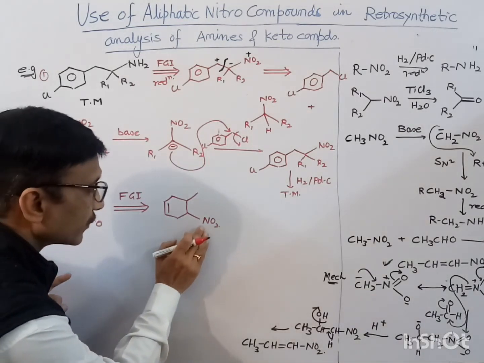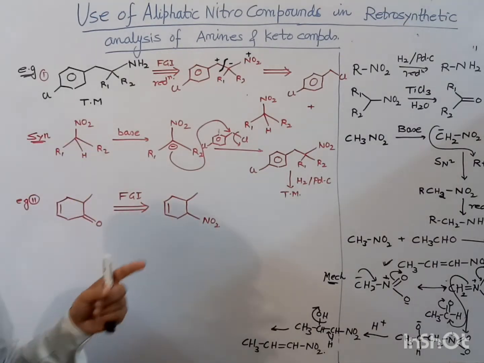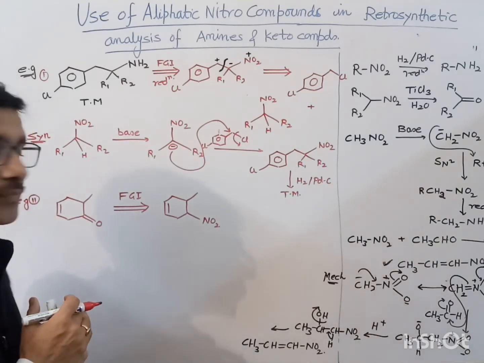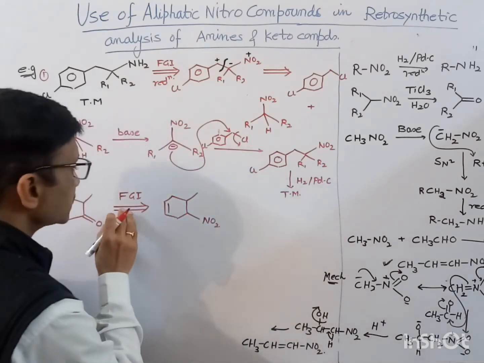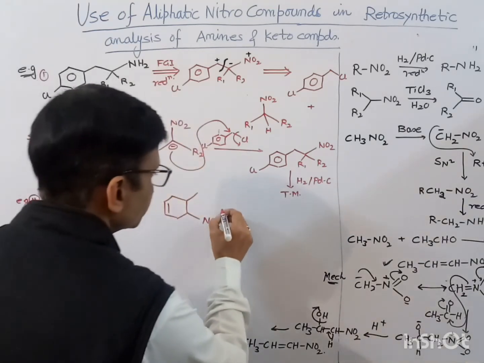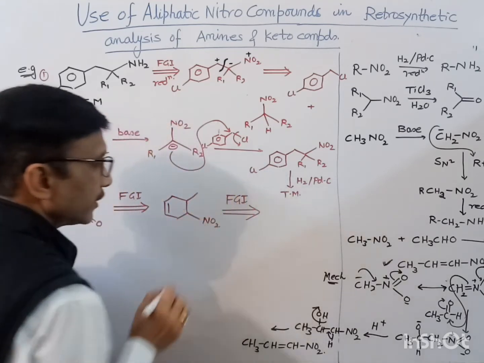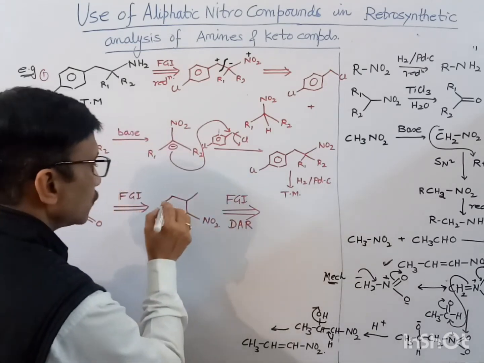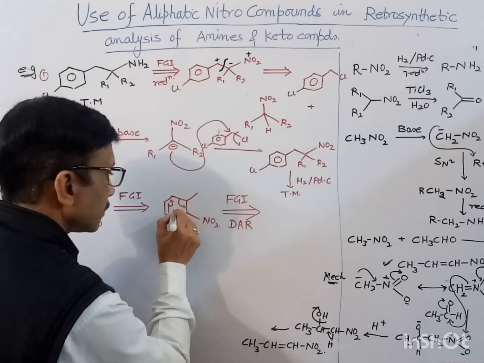So I have given an electron withdrawing group over here, and in presence of this electron withdrawing group, the dienophile can easily react with the diene. So that is the reason this FGI is done and it is converted into this NO2 group. Now we can again do the FGI. Now we should do the Diels-Alder reaction.